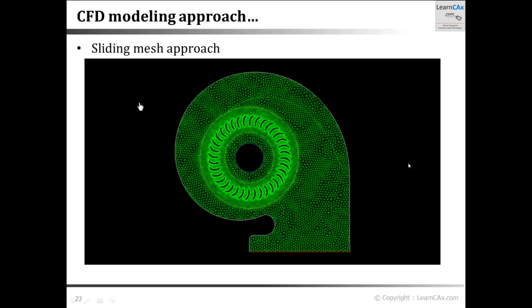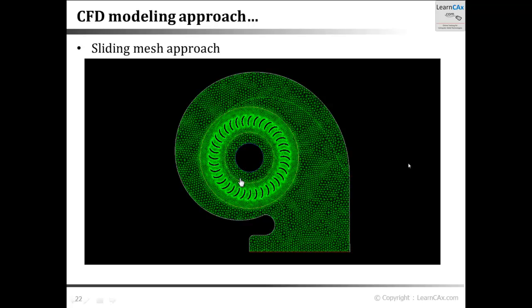You can see the mesh movement for the sliding mesh approach in this pictorial representation. This is a sort of animation. As you can see in the sliding mesh approach, the blades are rotating and the mesh is also moving or rotating. This type of mesh motion is usually present in sliding mesh or moving mesh applications.